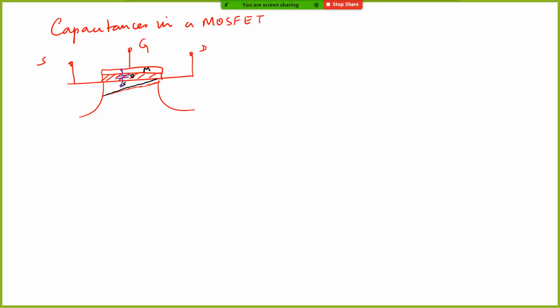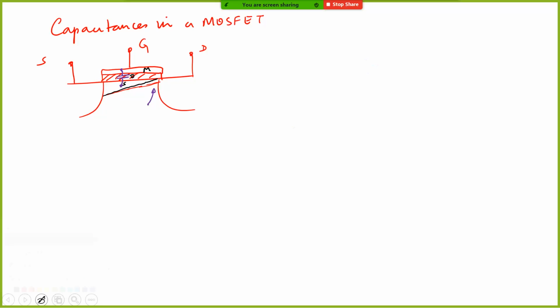Now, where is the channel connected? On one side it is connected to the source, and on the other side it is connected to the drain, because in the saturation region also, this particular region is a depletion region, and so the charge carriers get swept across the barrier. So part of the capacitance is split between the gate and the source.